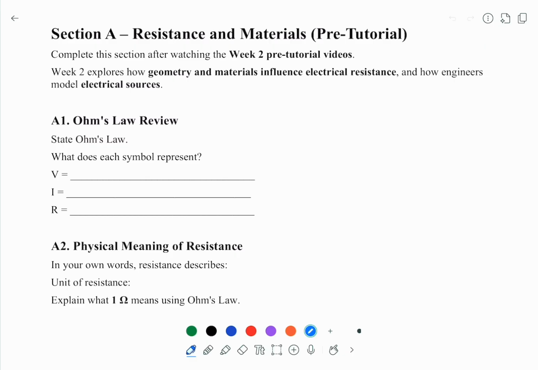First, write down the equation, V equal to IR. And then you should state: voltage equals current multiplied by resistance.